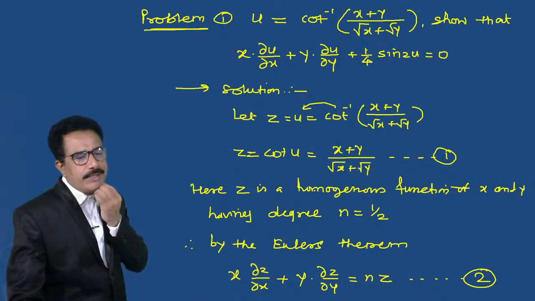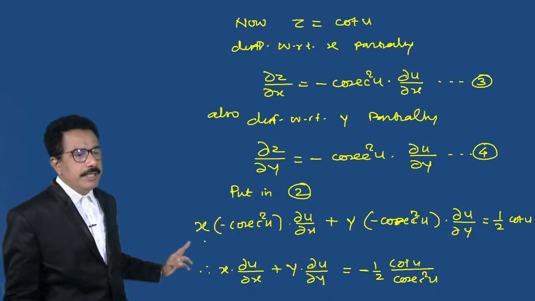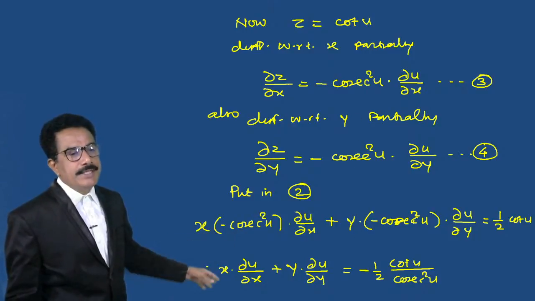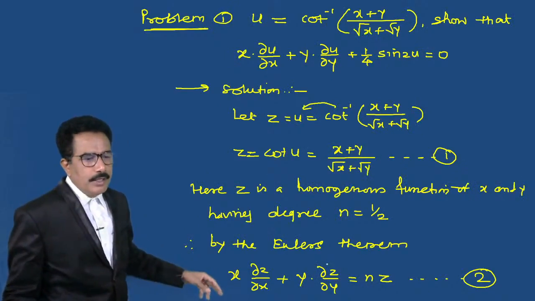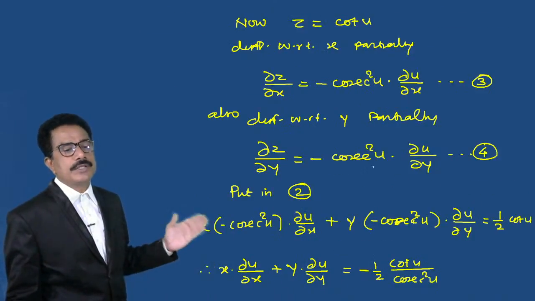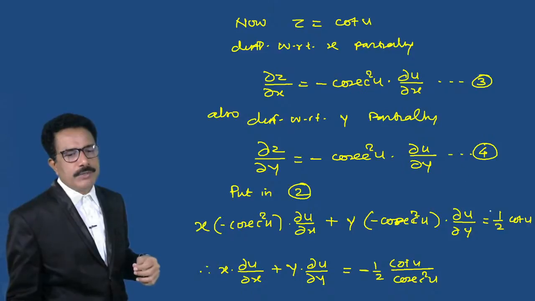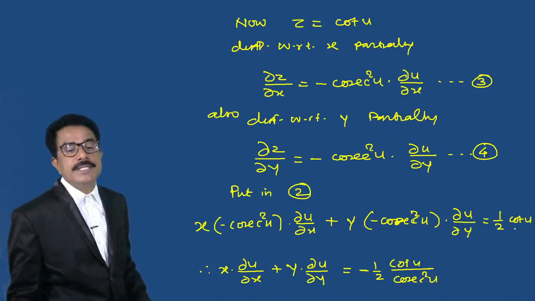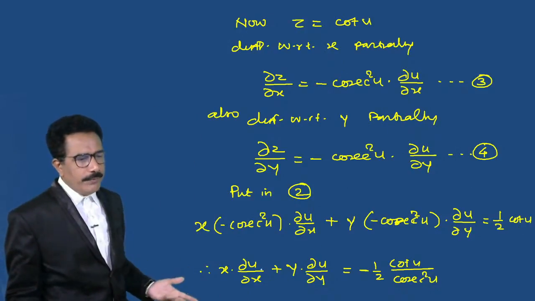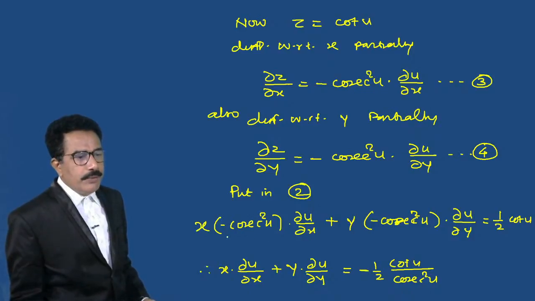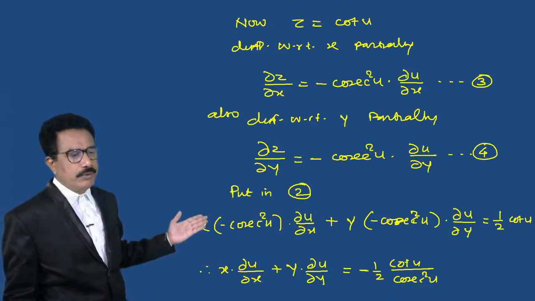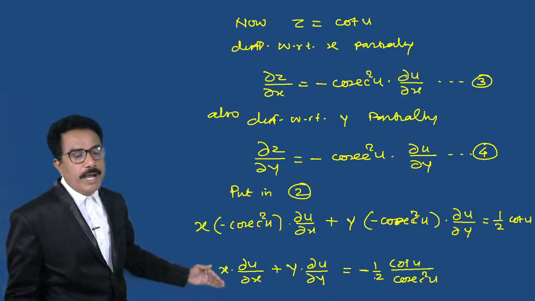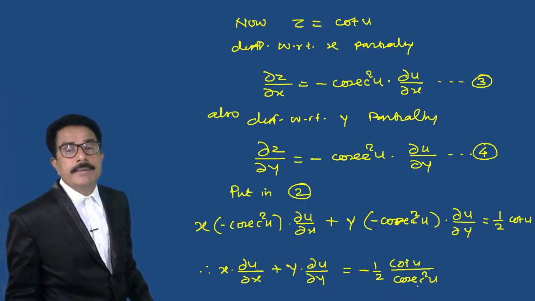Then by putting them in Euler's equation, the partial differential equation becomes: x into dou z by dou x means minus cosec square u dou u by dou x, and y into dou z by dou y is replaced by minus cosec square u into dou u by dou y, which is equal to nz. n means 1/2, and z means cot u. So we can write this by dividing by minus cosec square u. The remaining term is x into dou u by dou x plus y into dou u by dou y which is equals to minus 1/2 cot u divided by cosec square u.